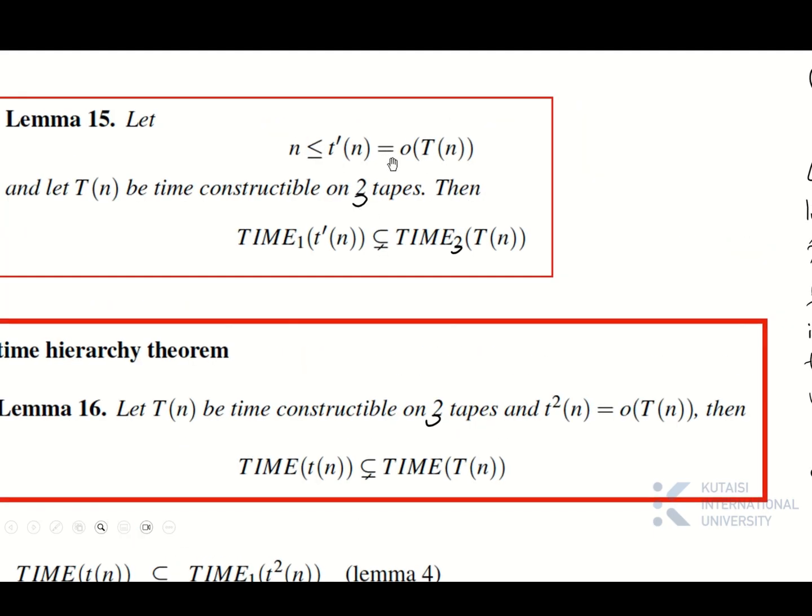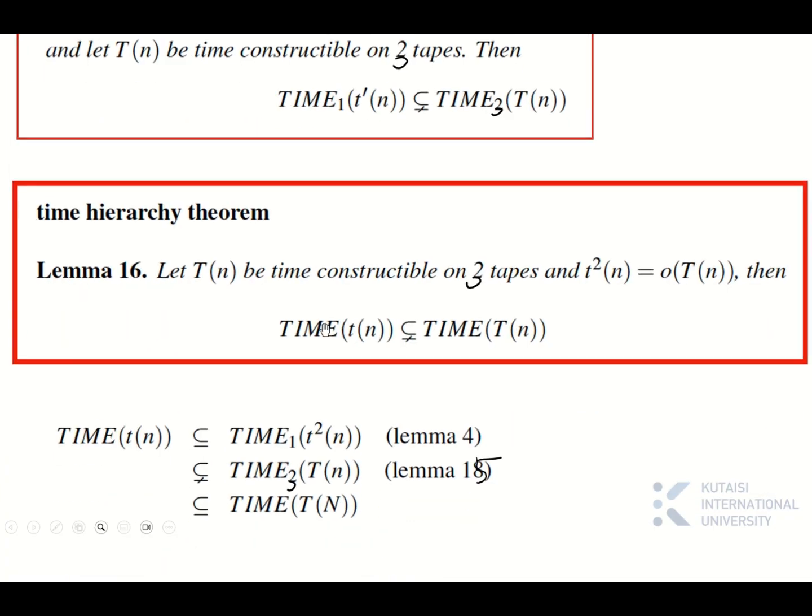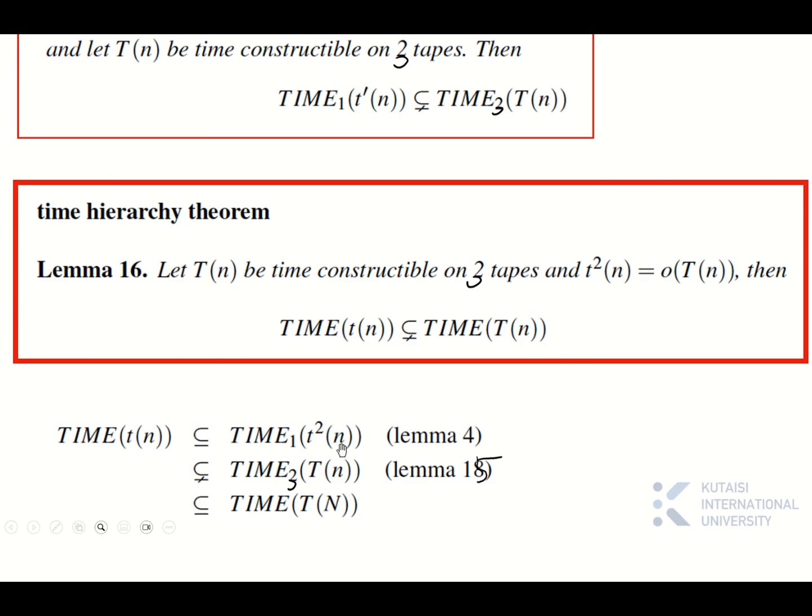So now I can use my lemma here. Here I have t squared n and I know it's o of Tn. So I know that time 1 t squared n, using this, is inside and not equal to time 3 tape Tn. And of course, 3 tape Tn is inside time Tn. So time small tn is inside time big Tn, which proves the time hierarchy theorem, but the crucial point was number 2 here, which we used.